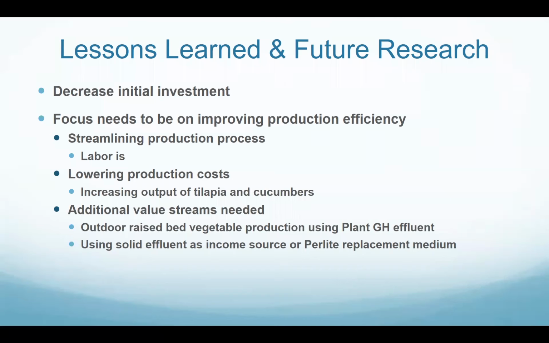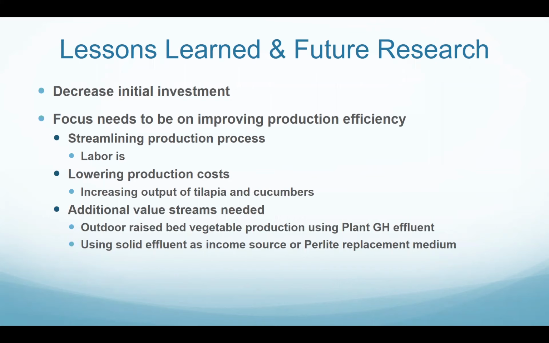Lowering production cost. So that could be done by increasing the output of tilapia, which I think could be done fairly straightforwardly if the money is there to do that and if there's a market for it, and for the cucumbers as well. Additional value streams needed.